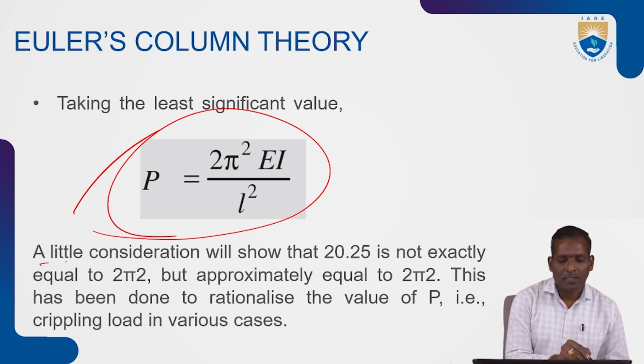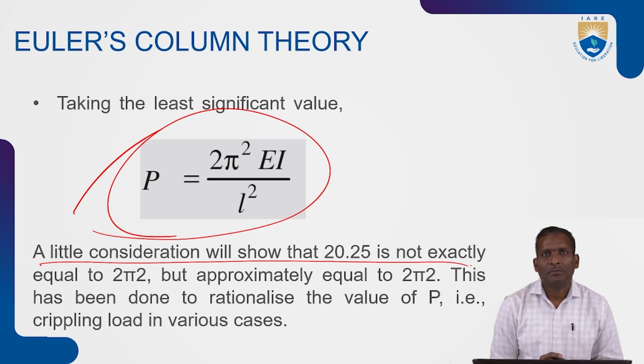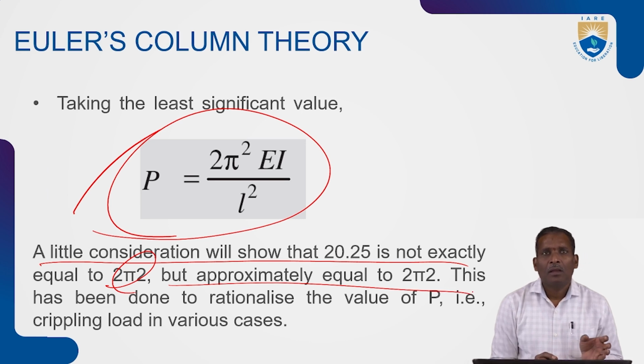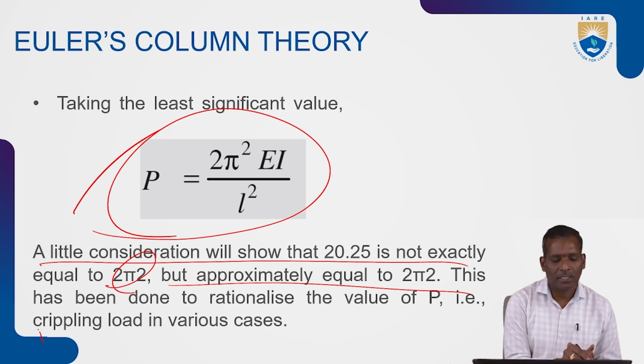So a little consideration will show that 20.25 is not exactly equal to 2 pi square, but approximately equal to 2 pi square. This has been done to rationalize the value of P, that is the crippling load in various cases.